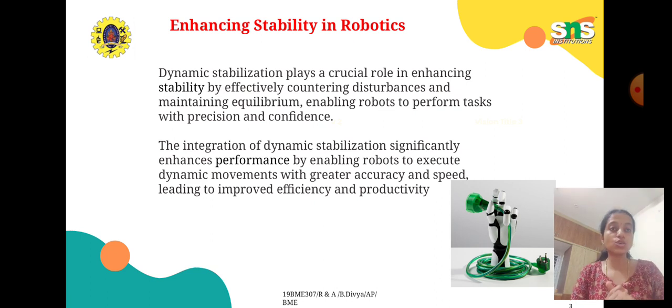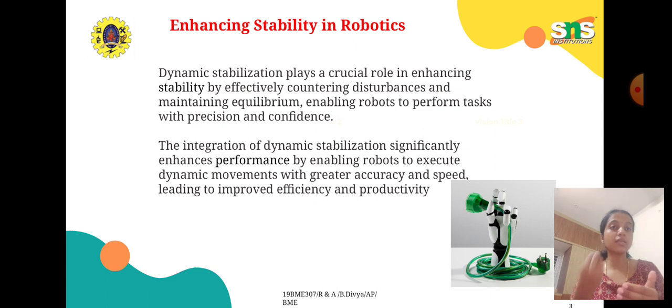The integration of dynamic stability significantly enhances performance by enabling robots to execute dynamic movements with greater accuracy and speed, leading to improved efficiency and productivity. As I told you, the continuous disturbances are communicated to the robot continuously.